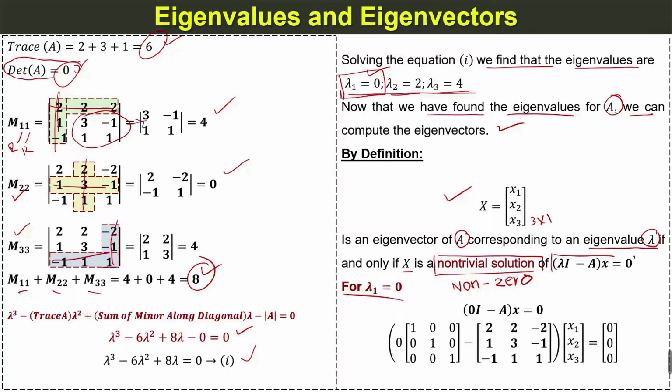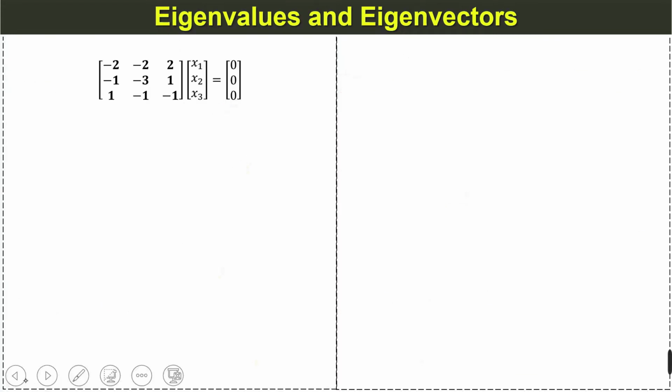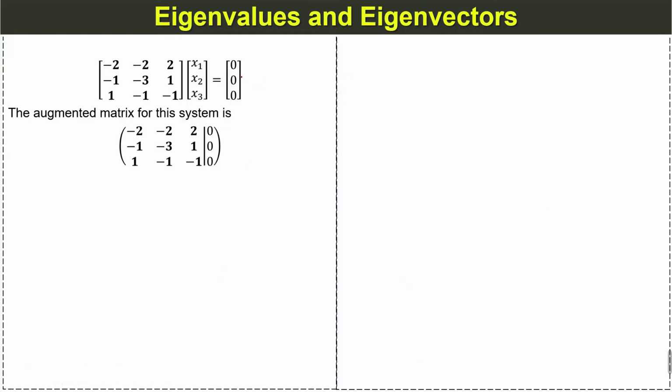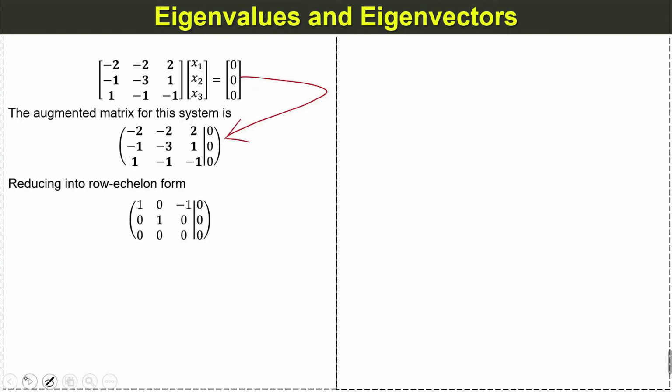Next, we first find the eigenvector for lambda 1 equal to 0. We substitute lambda into this equation, with the identity matrix of order 3 cross 3, the matrix A, and the eigenvector. After solving, we get this form, and we write the augmented form for this system, and then row reduce it into row echelon form.